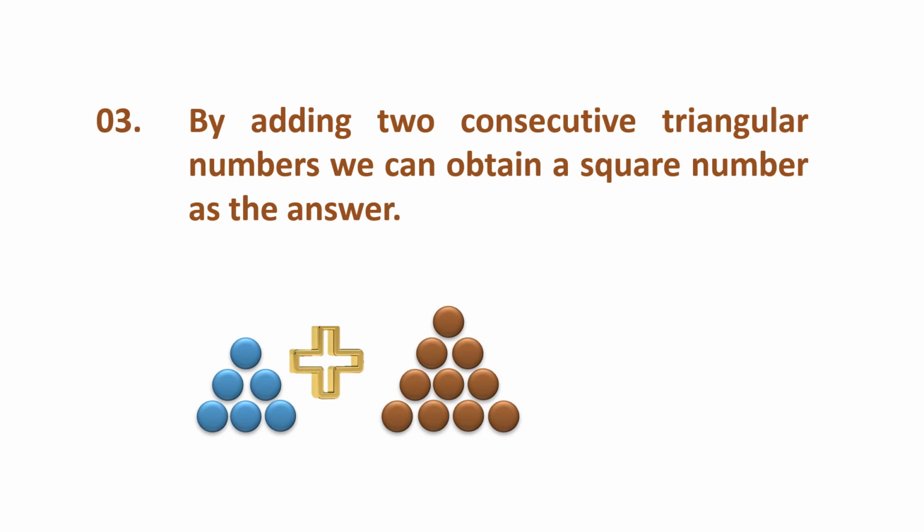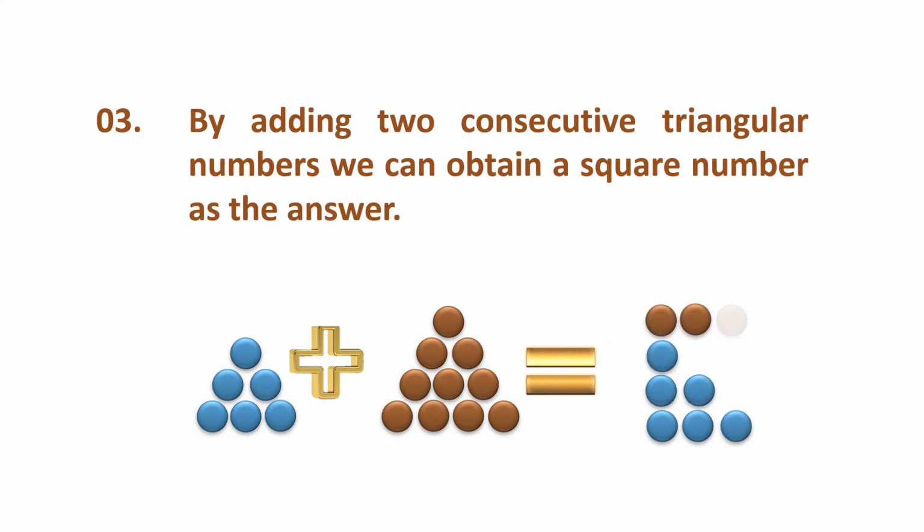So, the third triangular number is 6. The fourth triangular number is 10. Now, these are from my third triangular number and these brown color dots are from my fourth triangular number. Right.